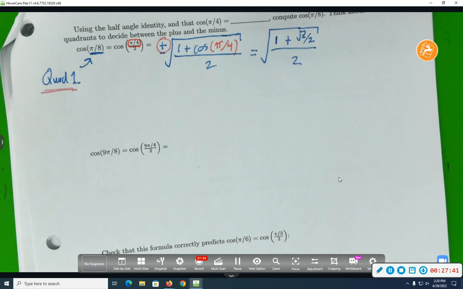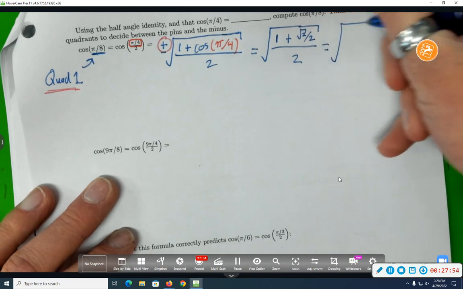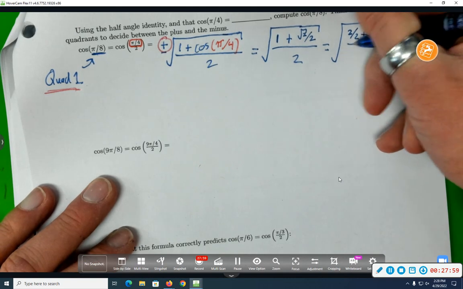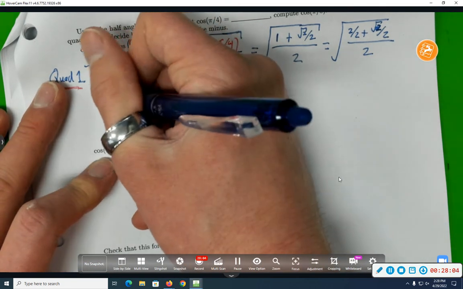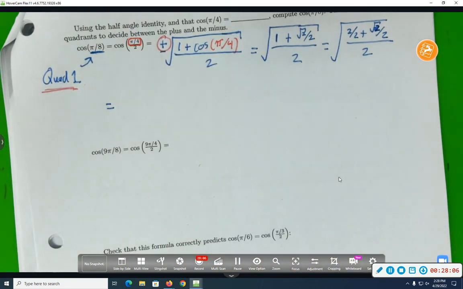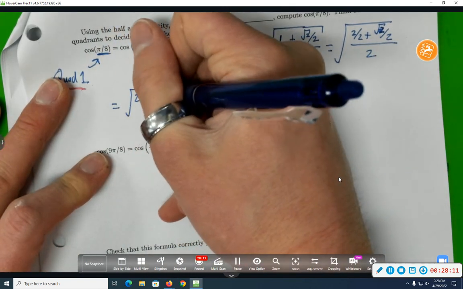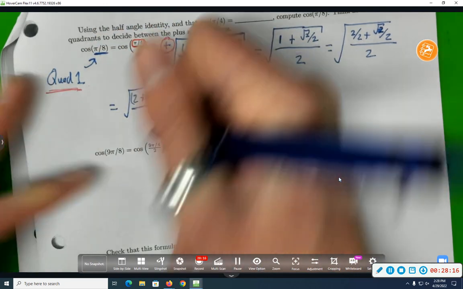So that means I should rewrite the 1 as 2 over 2 and add fractions. I'm going to do another step. 2 over 2 plus root 2 over 2 all over 2. And the whole point of doing that is so I could add fractions. Square root of 2 plus square root 2, close parenthesis, divide that by 2, divide that by 2.